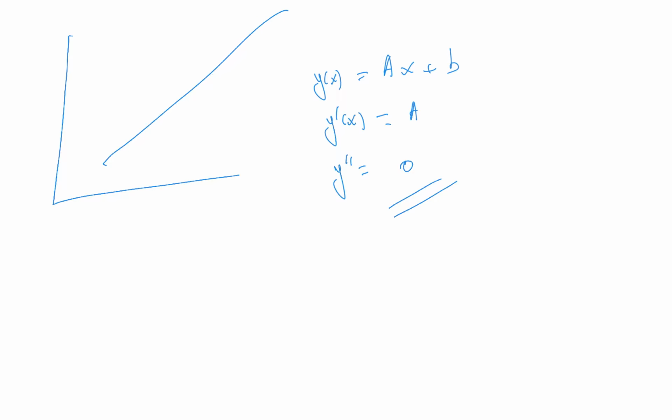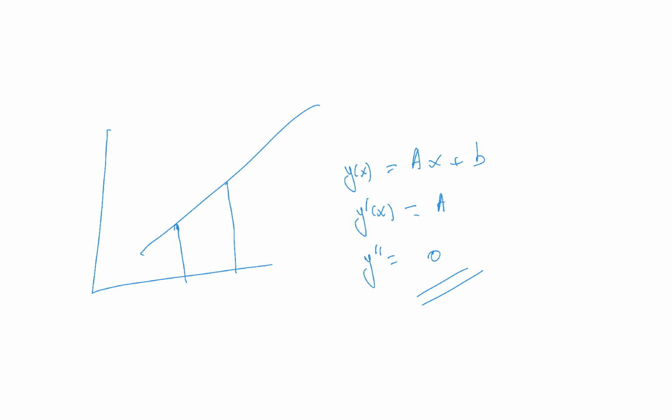So the second derivative, the change in the slope, is 0, because if the slope is always a, here the slope is a, here the slope is a. So the change in the slope is 0. When you have this kind of curve, like a rectilinear line, you say there is no curvature.